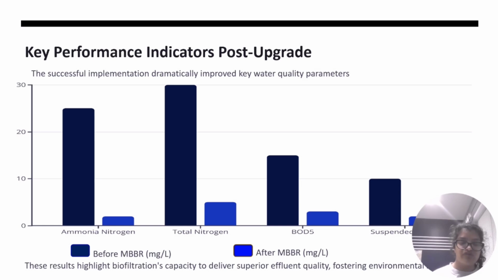The overall effluent quality improved across the board, and the results demonstrate how transformative biofiltration can be when implemented and supported well. It showcases how biofiltration is becoming a cornerstone technology for facilities aiming to meet strict environmental regulations while reducing energy consumption and operating costs.